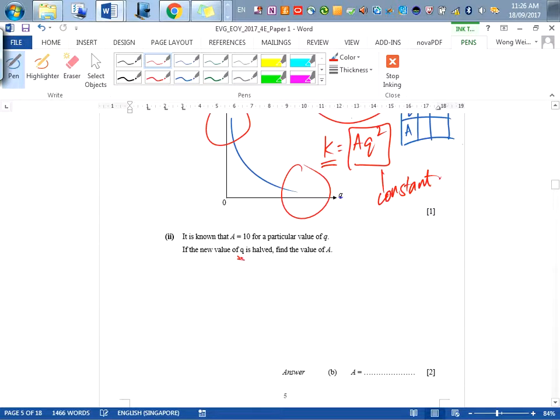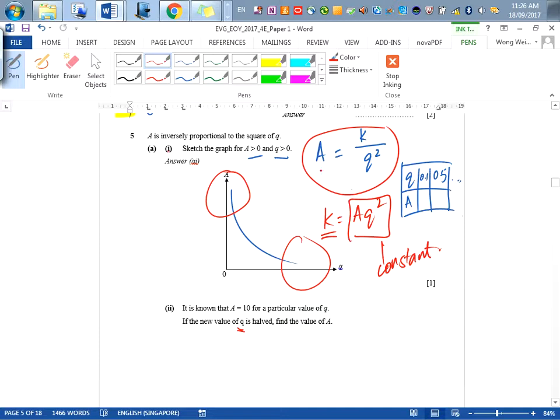Okay? Then, let's see what happens. Now that Q is half, we go back to our relationship. We want to find A. So A is equals to K, which is a constant, this value, A Q squared, divided by Q squared, or is it half Q squared? Half of Q squared.